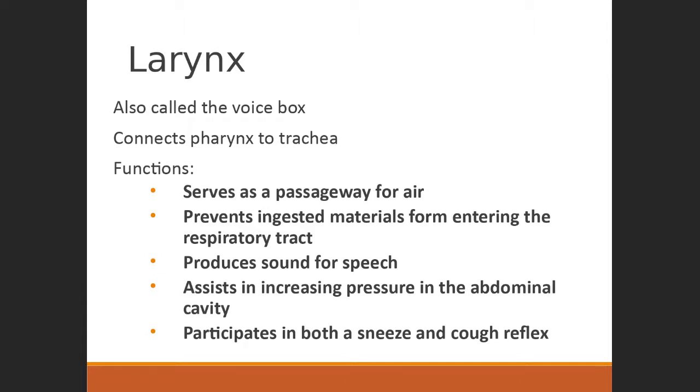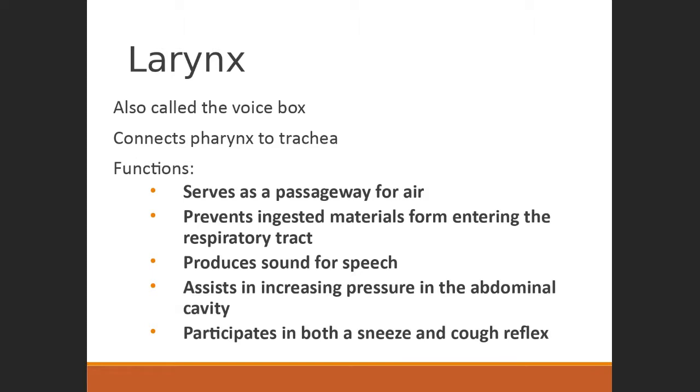Now, of course, for the production of speech, we need some rather fine control over those muscles. And that's where we can get back into Broca's area, controlling those muscular tissues. We will also see the larynx become an important part of the coughing and sneezing reflex. It helps us build up pressure in order to achieve both of those actions.